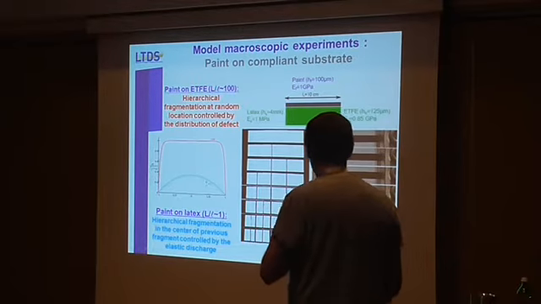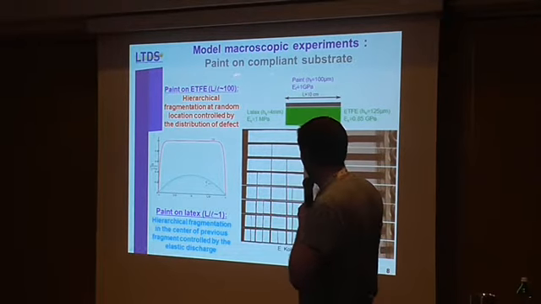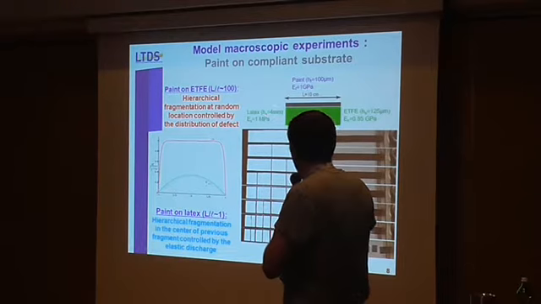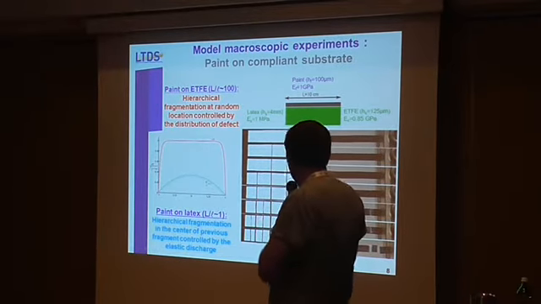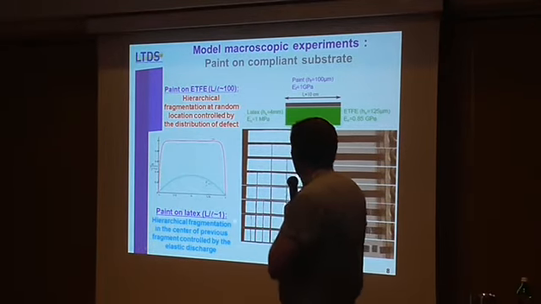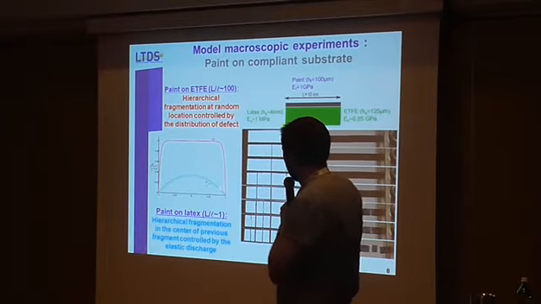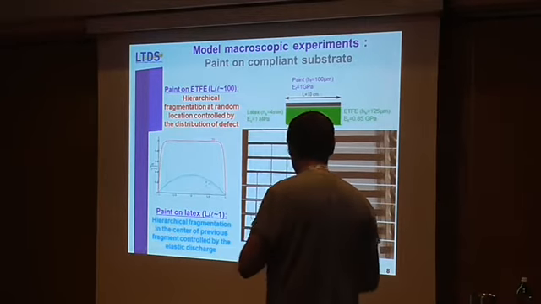You can illustrate it by making a very simple macroscopic model experiment. You paint on the compliant substrate either latex or ETFE to modify the length ratio. If you put it on latex, this is the experiment of Evelyn Kolb in 2002, you have a ratio that is close to 1, so the stress distribution is like this, so the probability to have a new crack in a fragment is higher in the middle, and you can see here that the first crack appears in the middle, then the other ones just cut the fragment into segments of equal length.